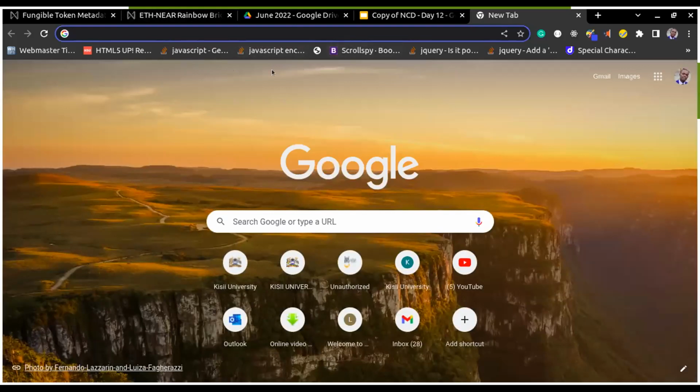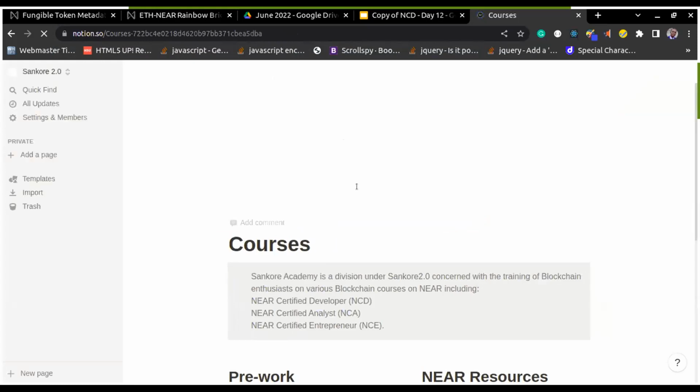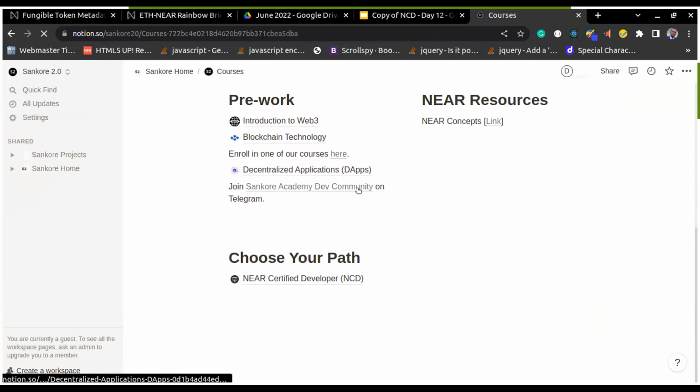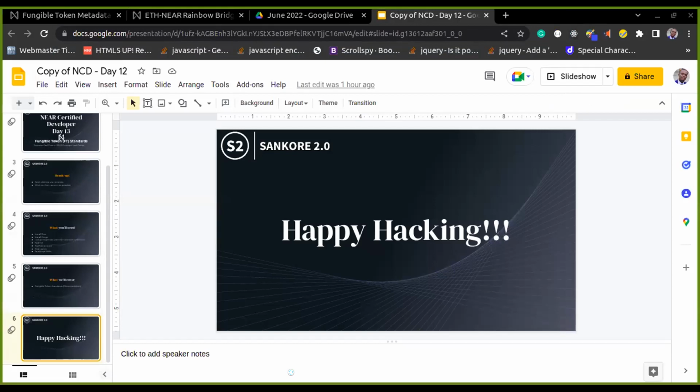This module is going to help us put all these in place without having to code the standards. So let me just share this. I really hope I can get this running.